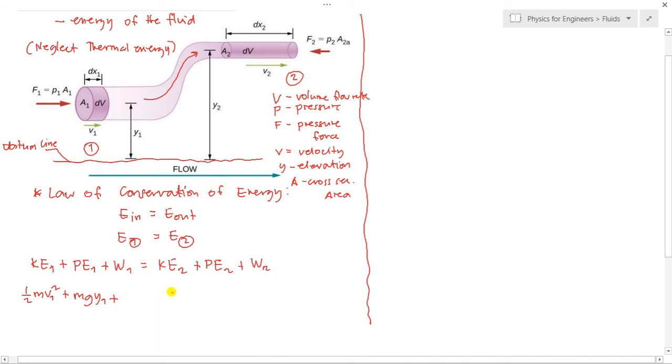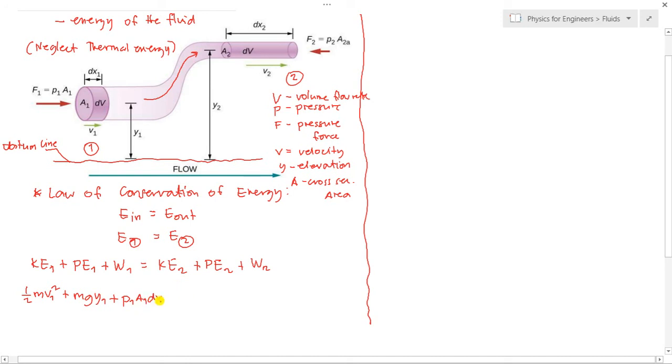The force is PA, pressure 1 times area 1, times the displacement dx1.